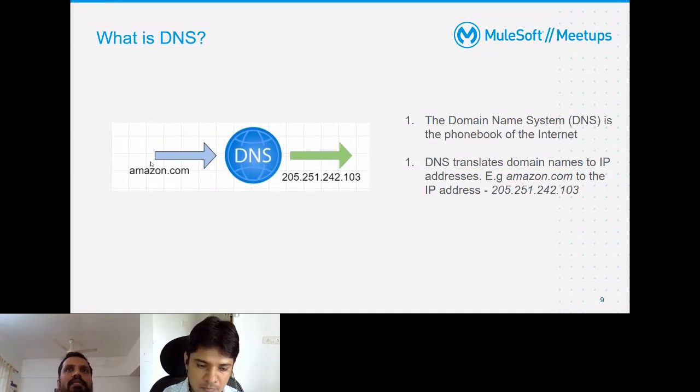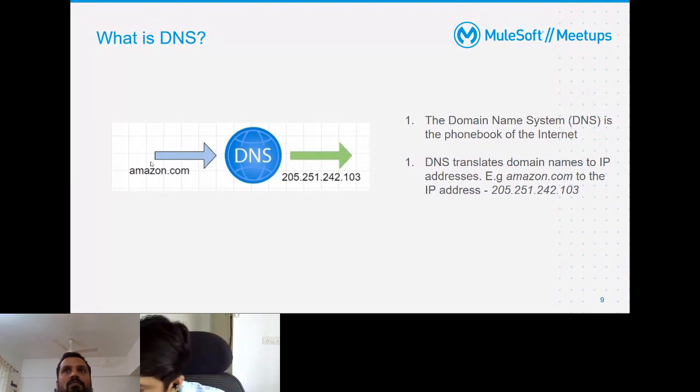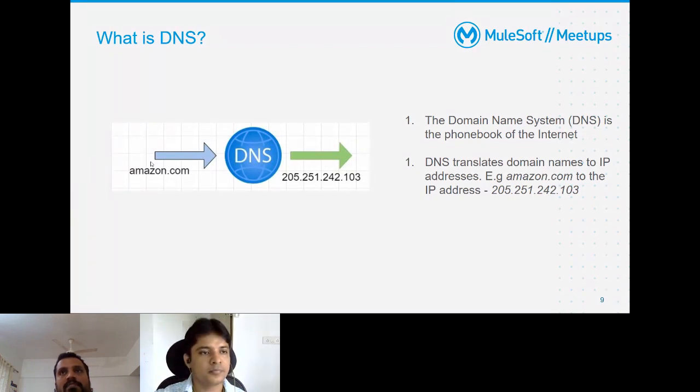DNS essentially acts like a phone book for the internet. Let's say we want to access a particular server, website, or any other system on a network, whether a private network or a public network like the internet. All systems communicate with each other using IP addresses.